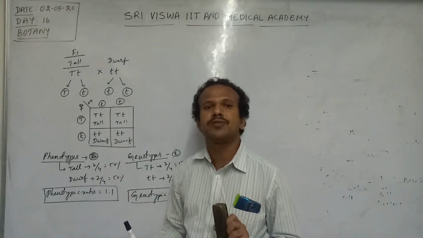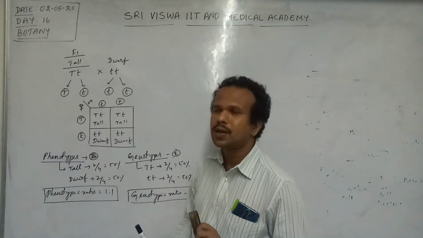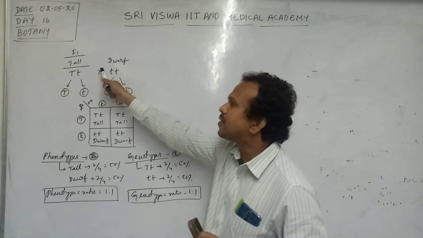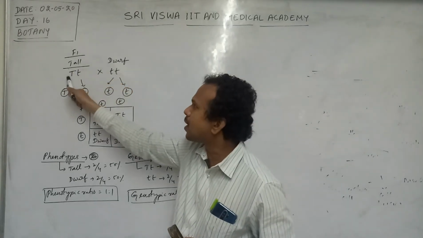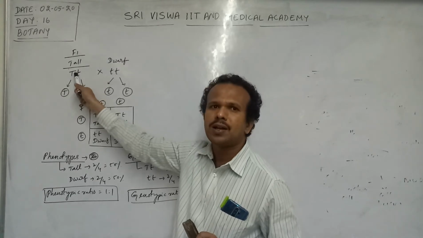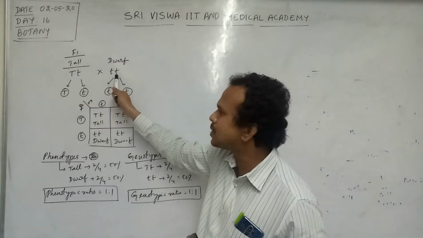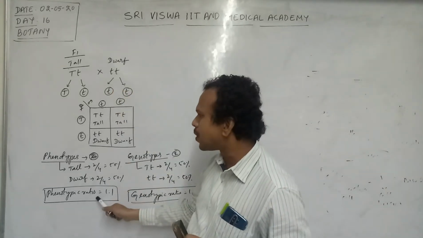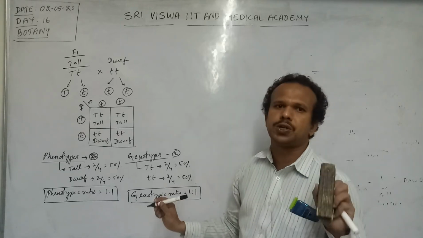How can we identify the purity of the organism, whether the organism is homozygous or not? For example, consider if the tall plant is heterozygous tall. Listen carefully. Whenever this tall plant is crossed with dwarf plant or recessive parent, it results in the production of phenotypic and genotypic ratios in 1:1 ratio.